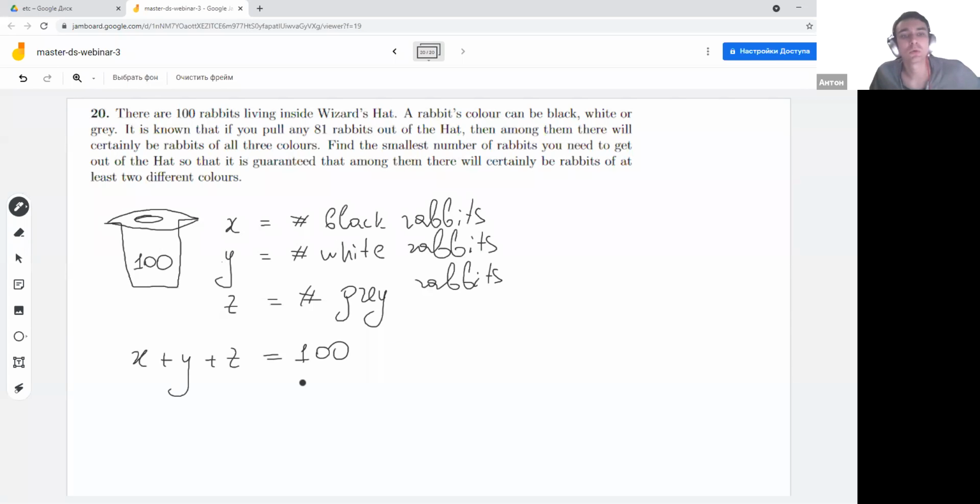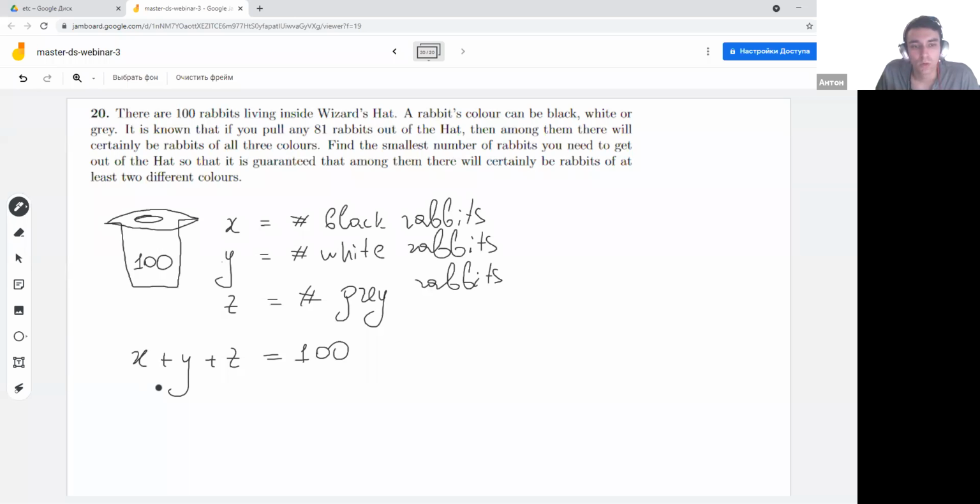We also know that if we pull any 81 rabbits, then we would certainly get rabbits of all 3 different colors in this group of 81. We are asked to find the smallest number of rabbits that we need to pull out of the hat to guarantee that we will have at least 2 colors. Okay?